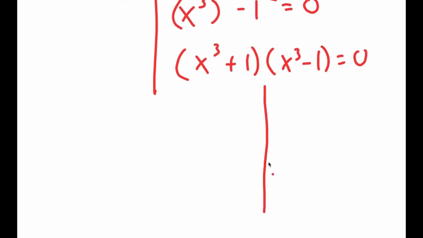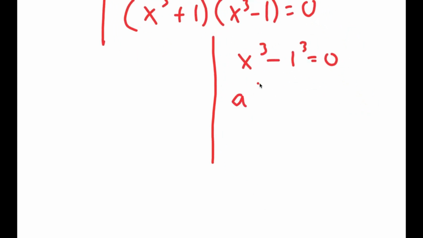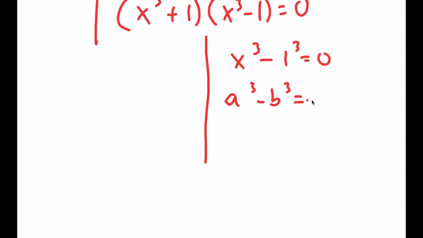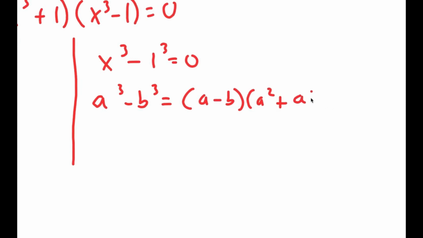Now, for x to the power of 3 minus 1 equals 0, I'm going to rewrite this as x to the power of 3 minus 1 to the power of 3 equals 0, so I can use the property a to the power of 3 minus b to the power of 3 is equal to (a minus b) times (a squared plus ab plus b squared).